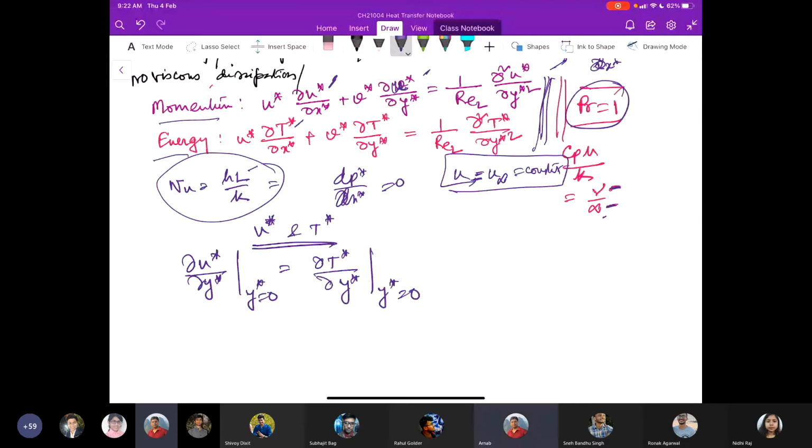If u star and t star, these functions, are identical in nature, then their first derivative at the surface must also be equal to each other.